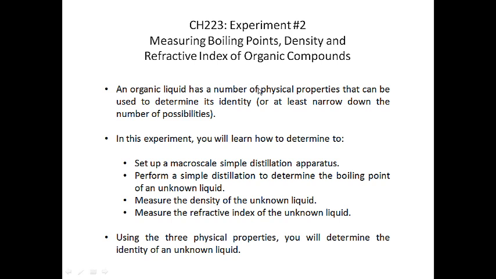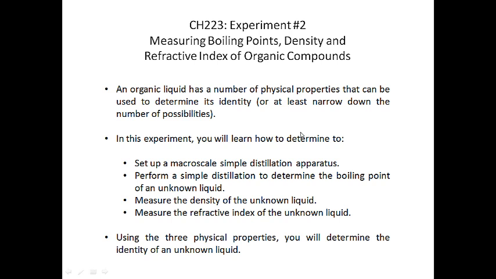So organic liquids have a number of physical properties that can be used to determine their identity, and to be honest, it's mostly to narrow down the possibilities. If there's 9+ million organic molecules, then these 3 physical properties we're going to measure today will probably narrow the list down to maybe 100, which is better than 9 million.